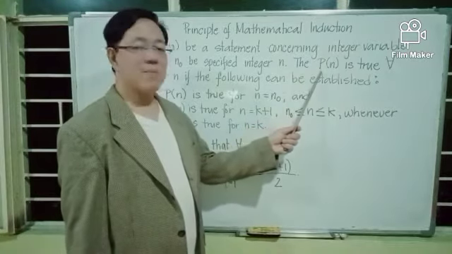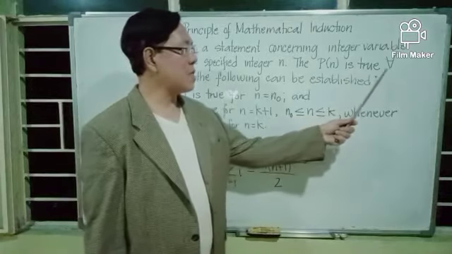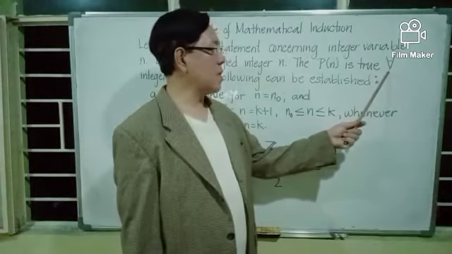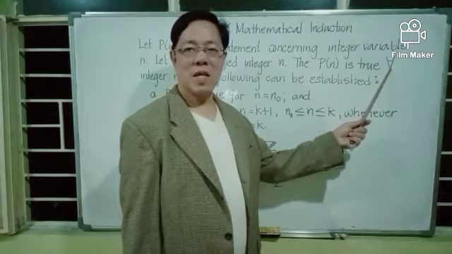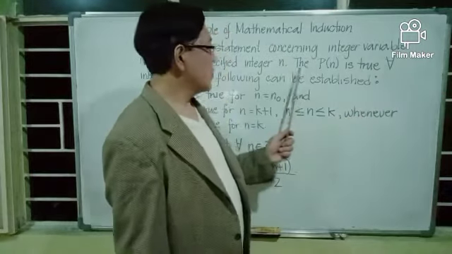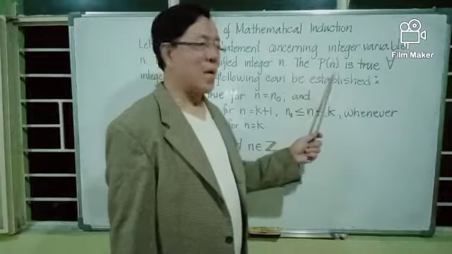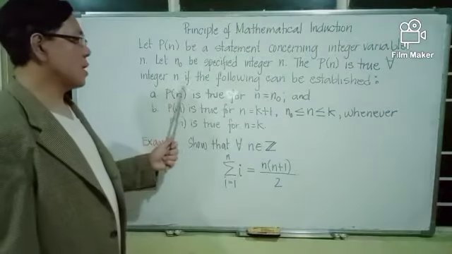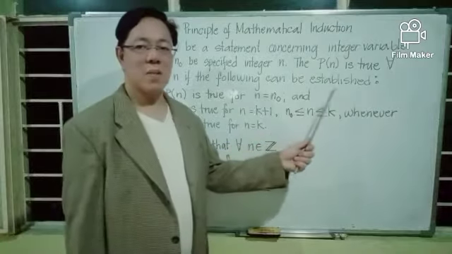The statement P of n is true for every integer n. This symbol is used to represent "for every". We read this as: the statement P of n is true for every integer n if the following can be established.